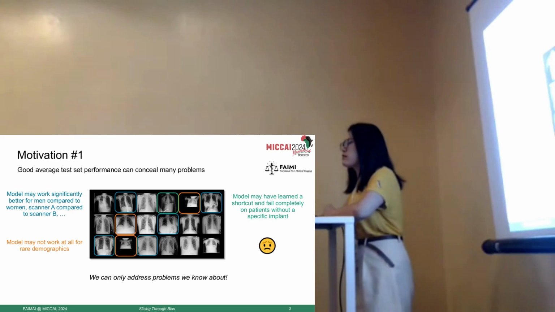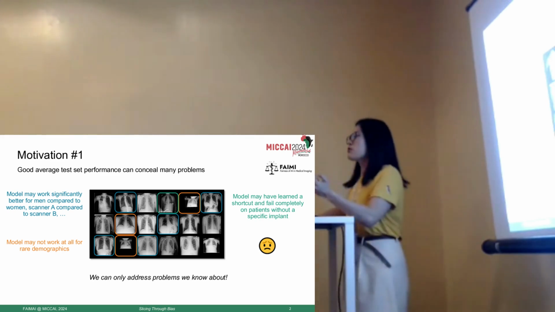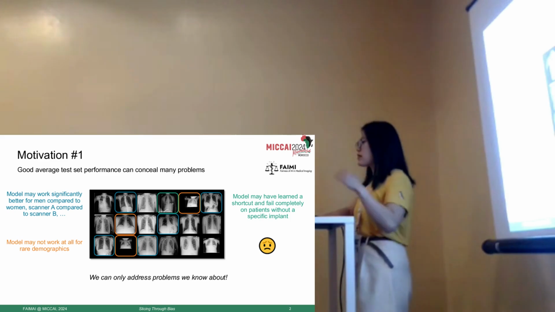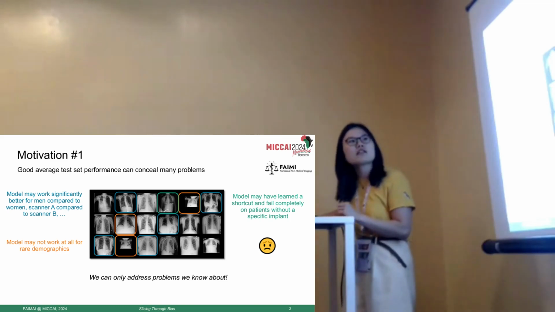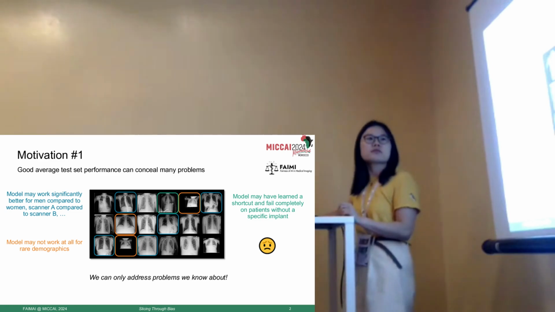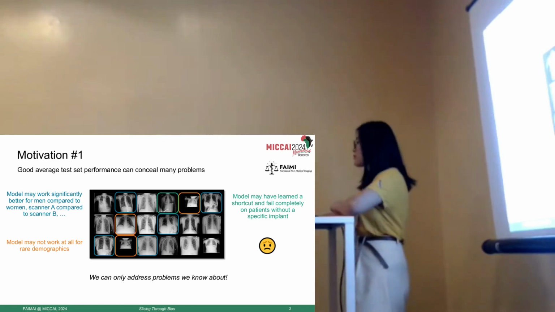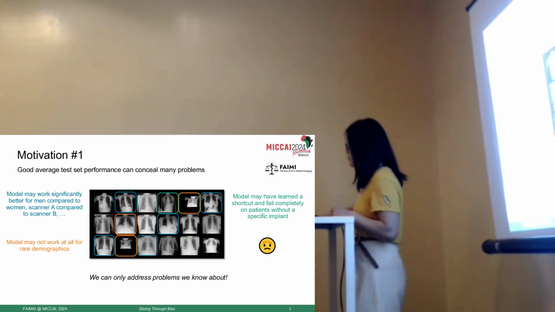But the thing is that the model might work significantly better for one subgroup than another. For example, one gender compared to another gender, or one type of scanner compared to another. It might not work for rare demographics, or it might fail when it learns shortcuts rather than the real disease.